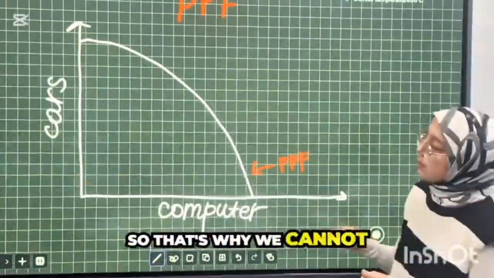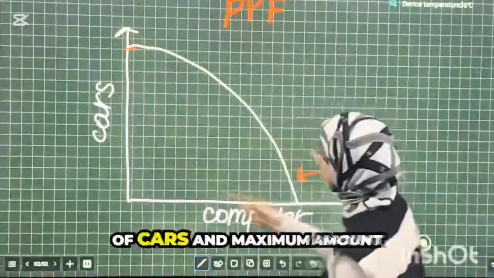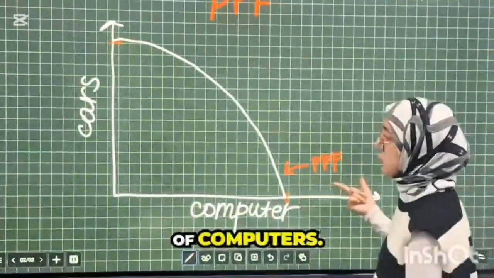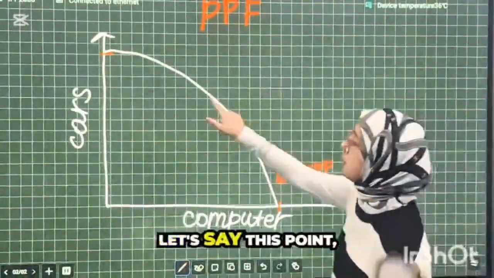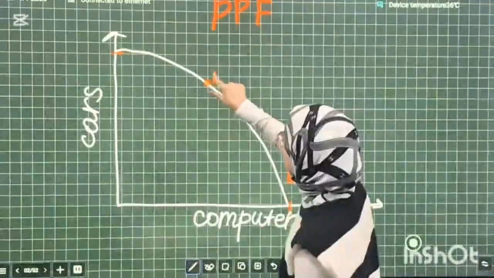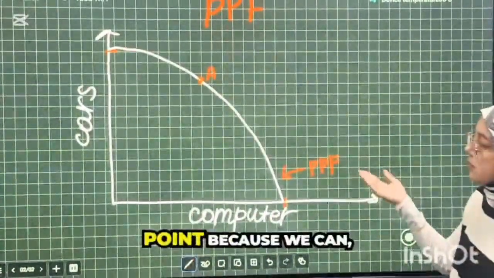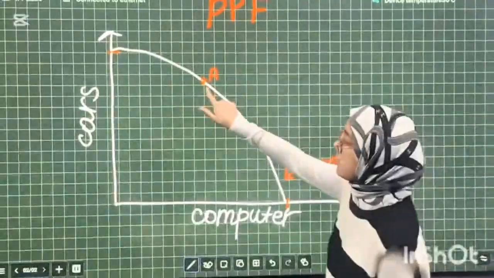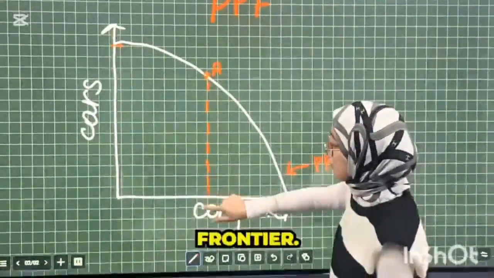That's why we cannot produce the maximum amount of cars and the maximum amount of computers. And we have some points here. Let's say this point A. It's going to be an efficient point because it's on the line, on the production possibility frontier.